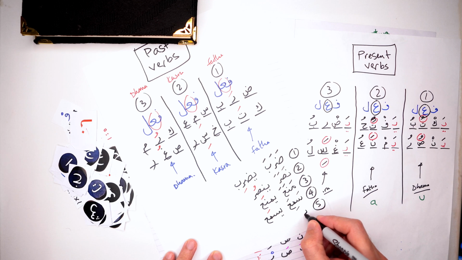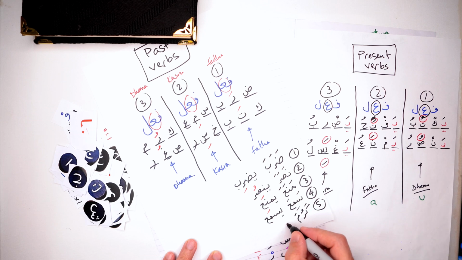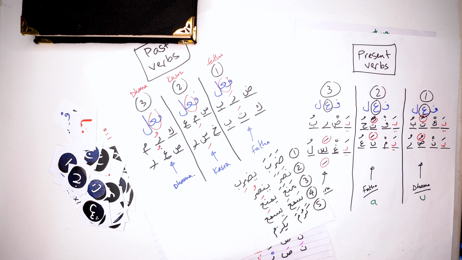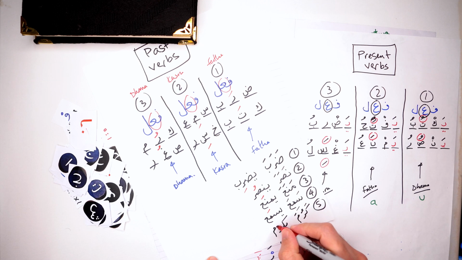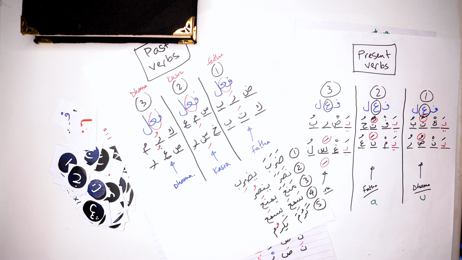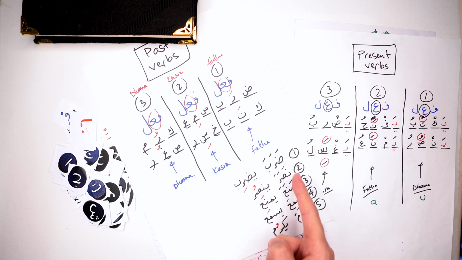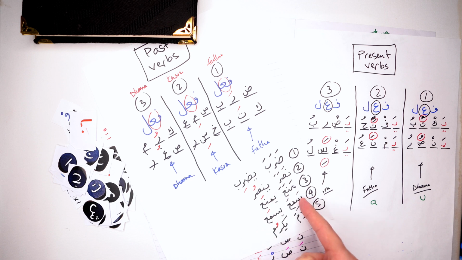We've got karuma yakrumu. Alright, so these are the five you can say. Daraba yadribu. Nasara yansuru. Mana'a yamna'u. Sami'a yasma'u. Karuma yakrumu.